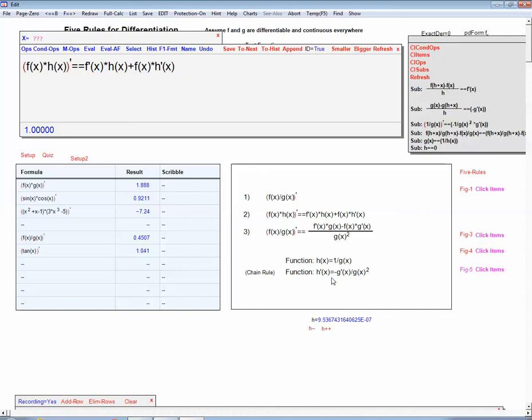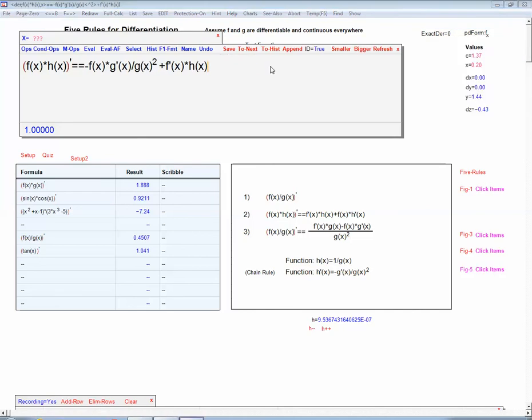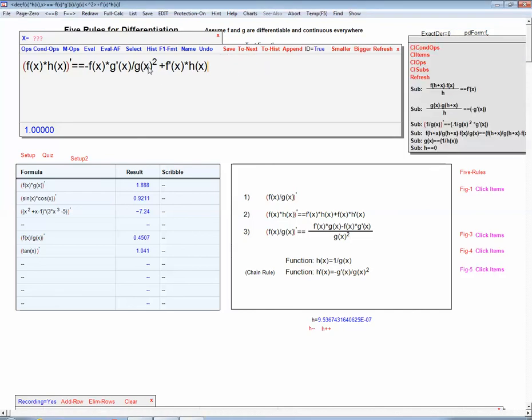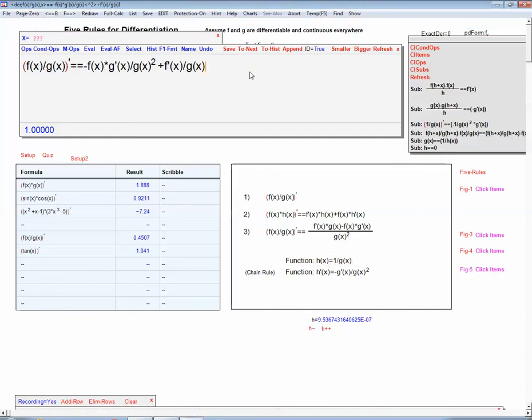Now we're going to substitute for h prime of x. h prime of x is this thing here. Substitute that in there. And notice it gets a g of x squared on the bottom. So we're heading in the right direction. And I want to eliminate h from my formula. I want to get everything back to g, so I just make this substitution.